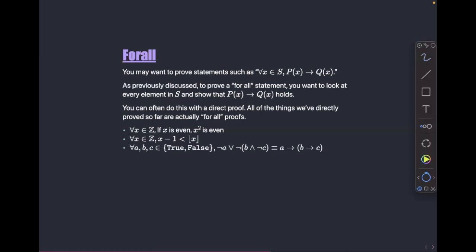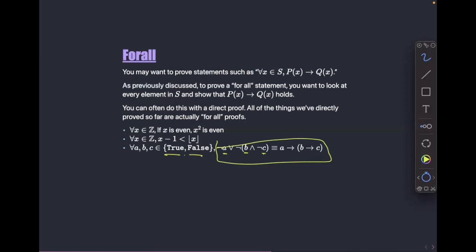Now this one's kind of interesting. Logical equivalences are for all proofs, but really when you're saying for all, you're saying for all of the propositions in my statement. So for all A's, B's, and C's, this equivalence holds, and A, B, and C are just either true or false.